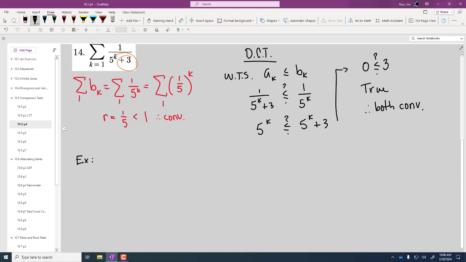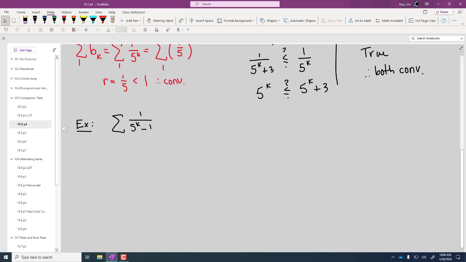So let's suppose instead of an addition by 3, let's suppose we subtracted 1. And it doesn't matter where the series starts. So you all try that one. So first do the direct comparison, and then if that doesn't work, then jump over to the limit comparison. Let's see what happens.